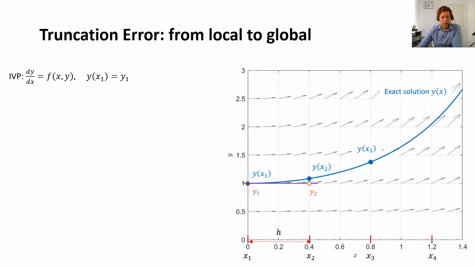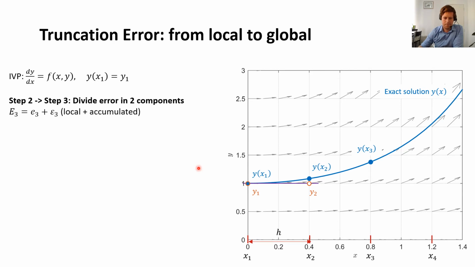Let's now move from local truncation error in one single step to a global truncation error that we observe after we've taken multiple steps. So let's proceed from step 2 towards step 3. And now let's divide the error into two components.